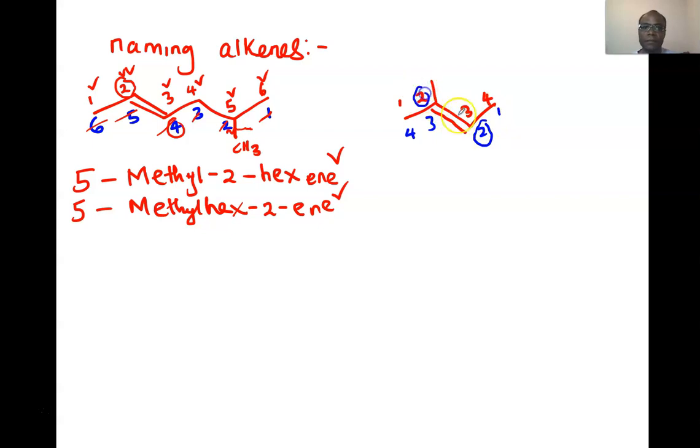In red you have a 2, so the numbering is not helping for the double bond location. So we go to the second priority, which is give the substituent the least number possible. It so happens that our substituent right now popping out of the chain has 1 carbon, so it's a methyl. Now if you look at the numbering in blue, it gives the methyl position 3. The numbering in red gives the position 2. So the red numbering wins in this case.